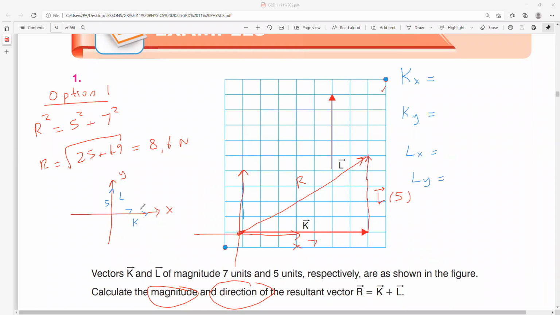Just check. Okay, on chat, our answer is coming now. Kx, 7 units. Perfect. Thank you very much. And Ky, 0. That's good. Thank you very much. Ky is 0. Kx, 7. And then Lx. What is Lx? Please check for Lx and Ly.